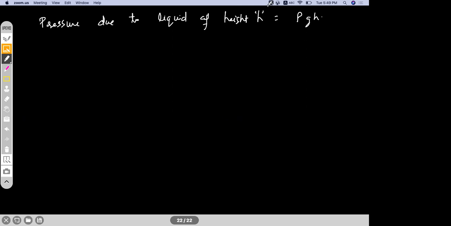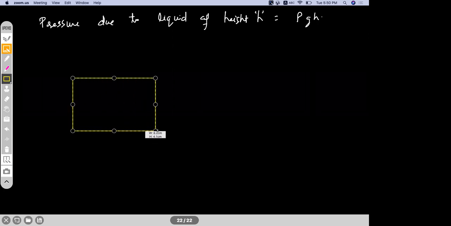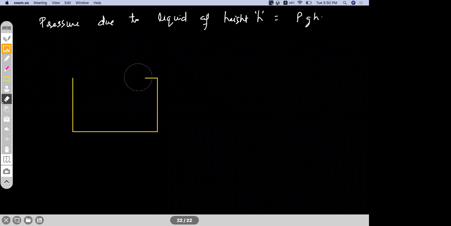Sometimes what happens, if you look at this arrangement here, we have a column, and suppose we are having a liquid here in this beaker.